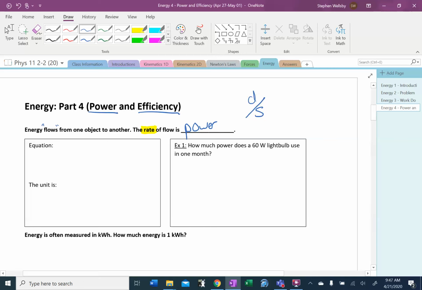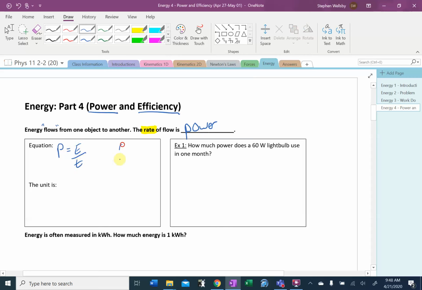So we would have our distance divided by time. And so like any kind of rate that we can think of, acceleration is the rate of change, how quickly the velocity is changing for a given time. So my velocity is how quickly distance is changing per time. Acceleration is how quickly velocity is changing per time. And likewise, energy or power is also how quickly energy is flowing divided by time.